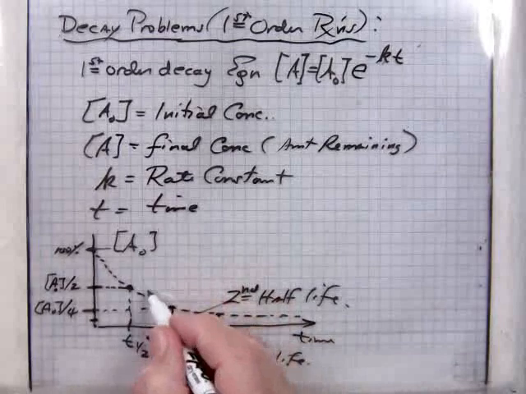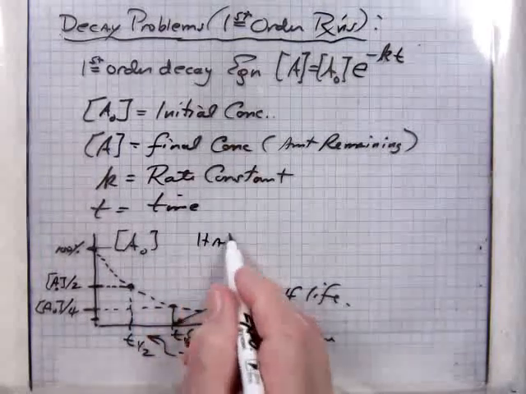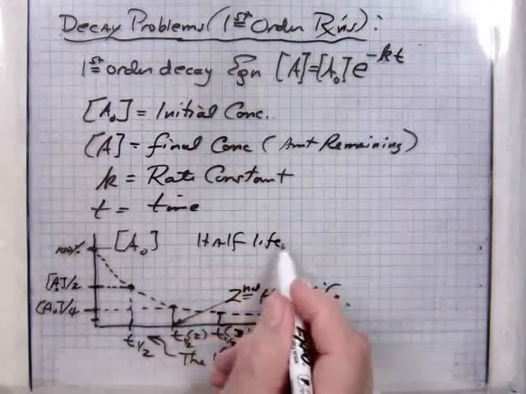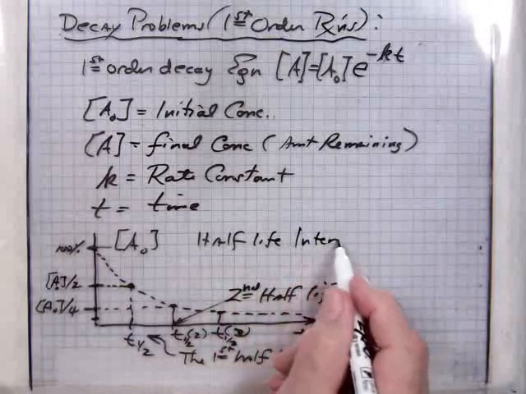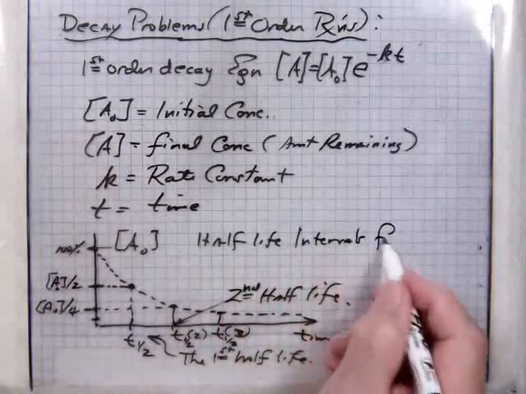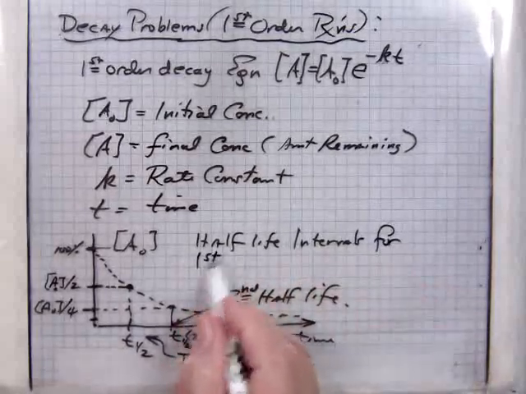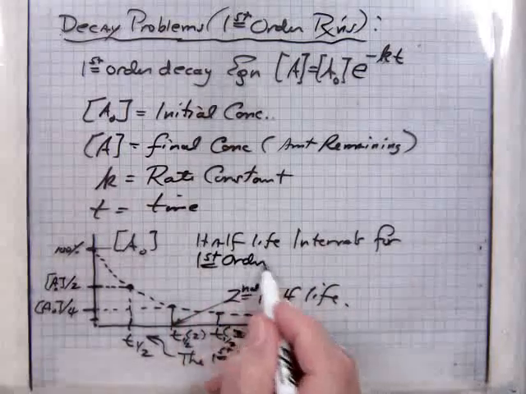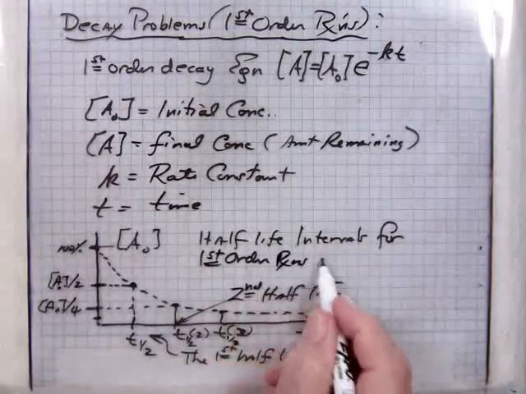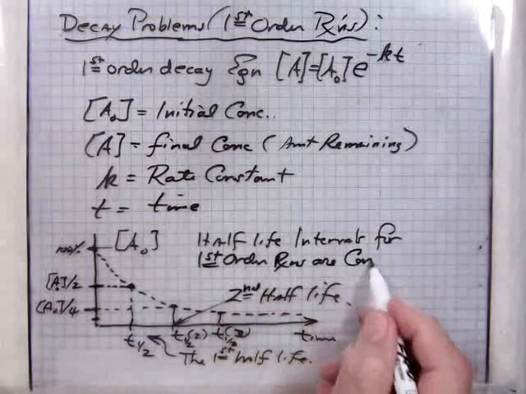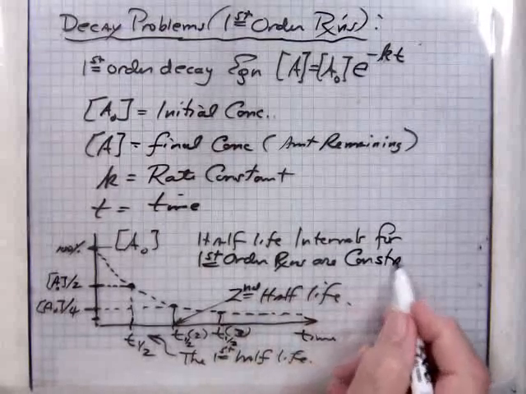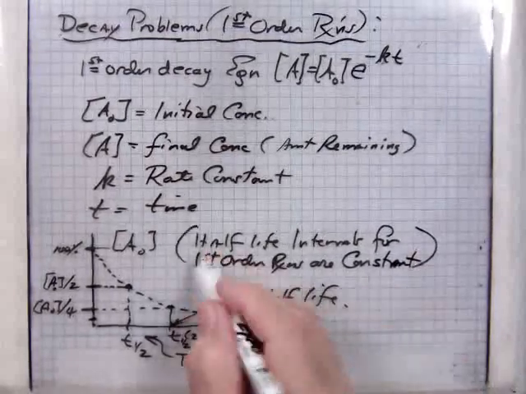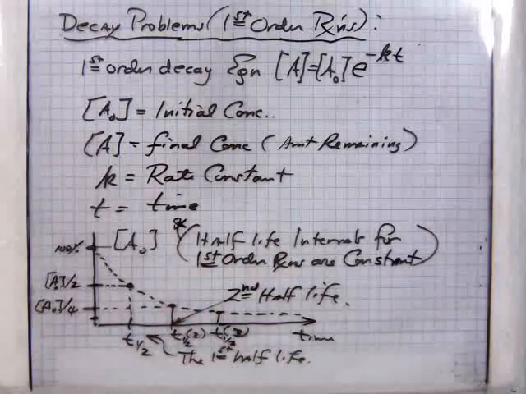The half-life intervals for first order reactions are constant. That is, they're all the same. Very important rule that you're going to need.